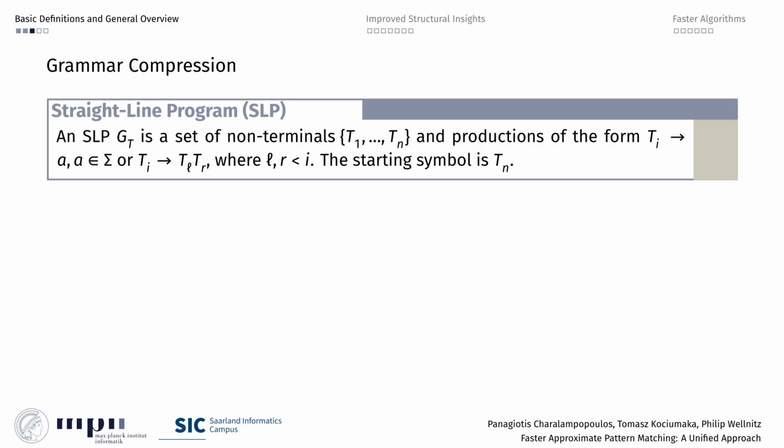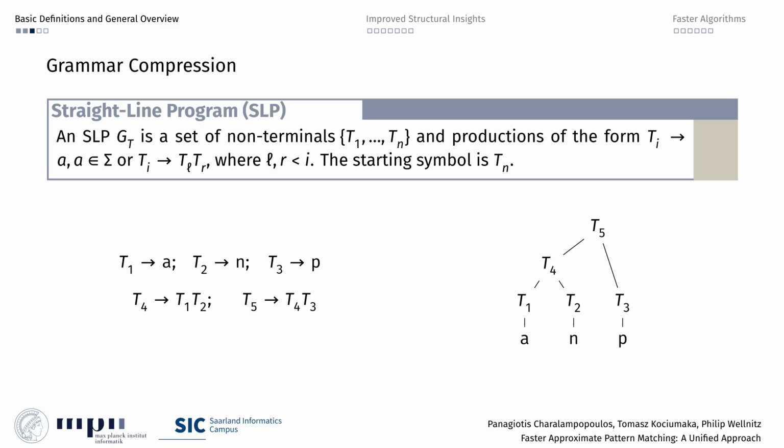As an example, take a look at these 3 productions. Currently, they are not all that useful, so let us add some more productions. As you can see, with these 5 productions, we can produce the string A and P. However, this SLP doesn't compress A and P yet, so let us add some more productions.